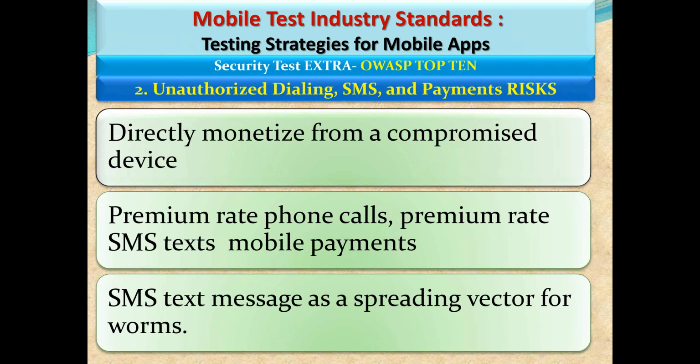But some parts of the world are still at this risk, so they can have premium rate phone calls, premium rate SMS, and mobile payments. And also when somebody is receiving an SMS text message that is a spreading vector for worms.